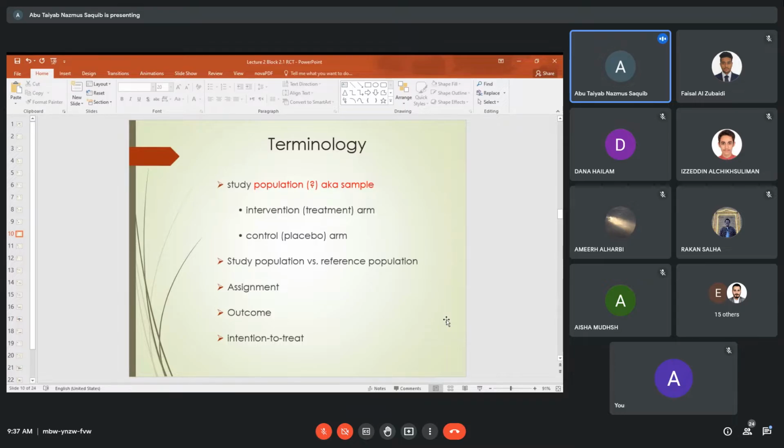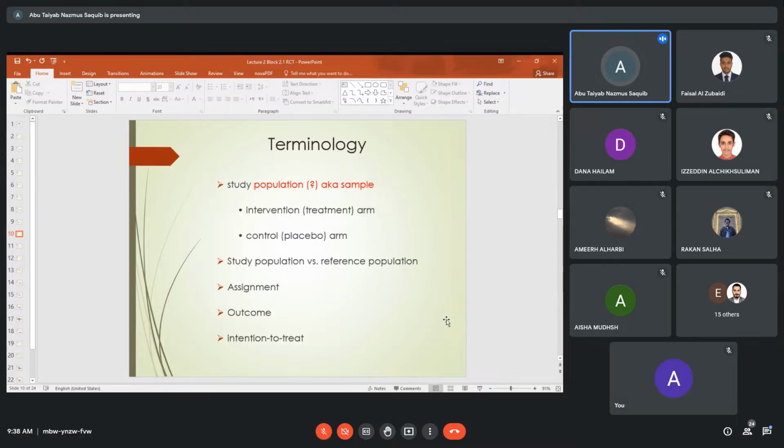Now, when you do the analysis, you have two options. Those who are lost to follow-up, you can exclude them from your analysis, or you can include them in your analysis. Intention to treat is when you do not exclude them from your analysis.